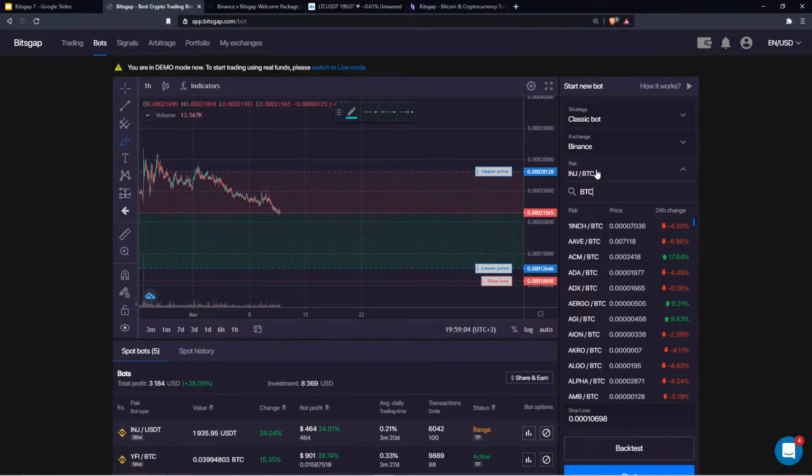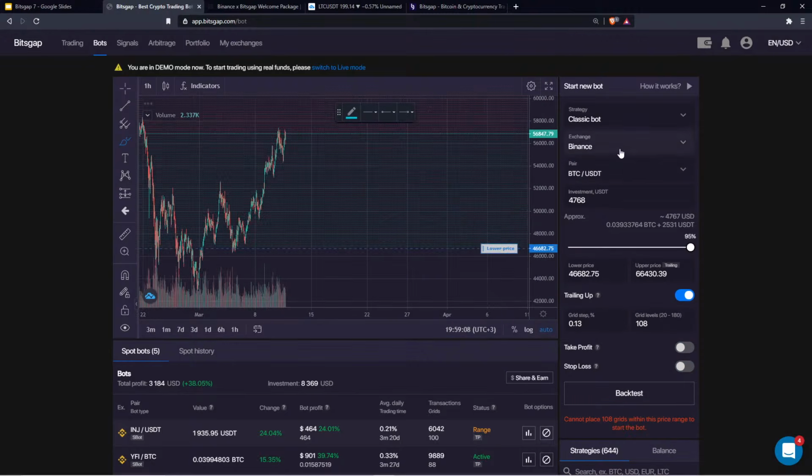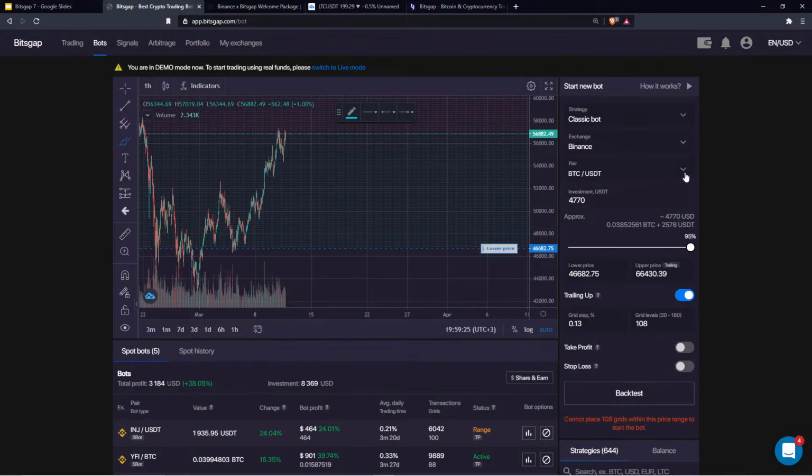Let's say there is a Bitcoin trading to USDT for sure on the Binance, and you will find the same cryptocurrency pair on another cryptocurrency exchange, and you can simultaneously launch different configurations or the same configurations on different cryptocurrency exchanges to see the result, to see the outcome, to see what makes them different.